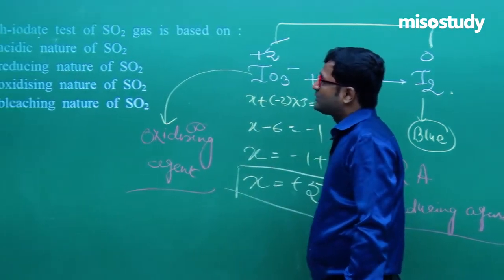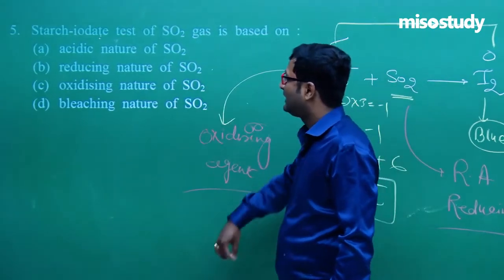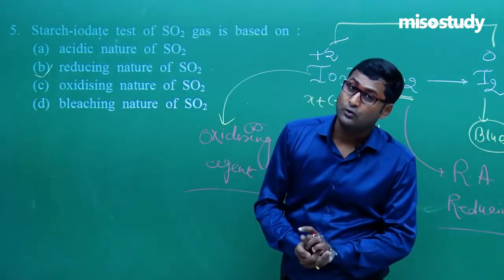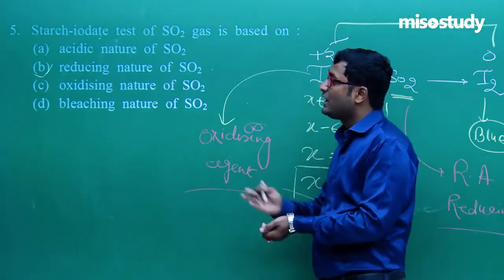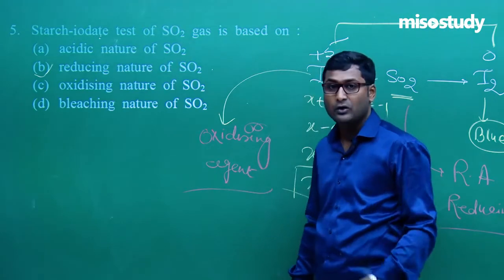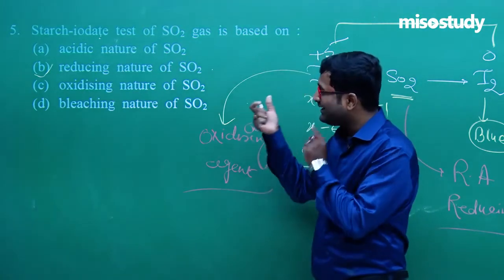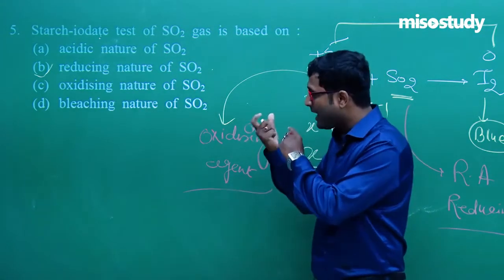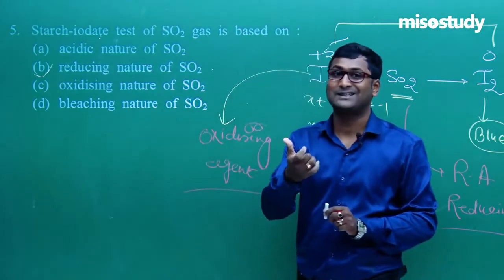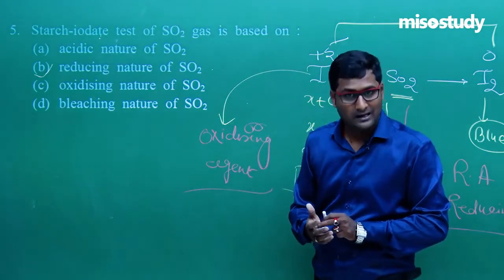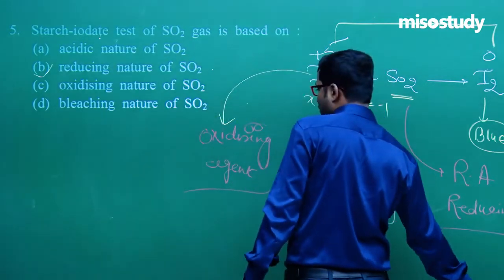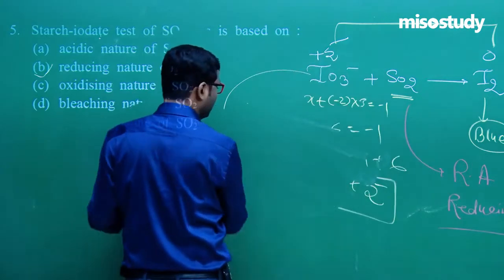The correct option is acidic, reducing. Yes, B is the correct option, reducing nature. What I told you earlier, during the question answer round you have to check each and every situation. You have to focus on the theory, otherwise it is not possible to get the correct answer. Clear? Now friend, let's move to the next question. What will happen? Check it out.